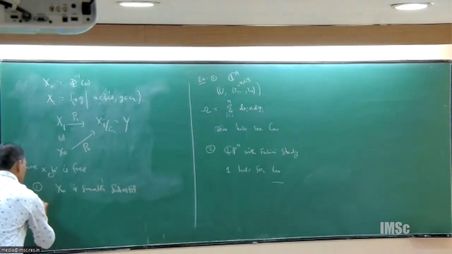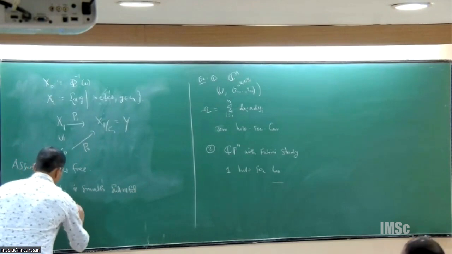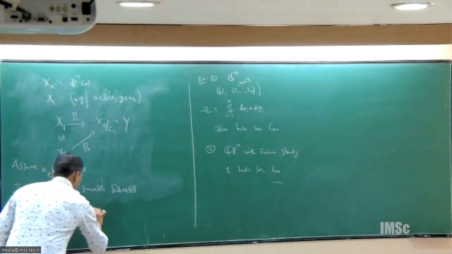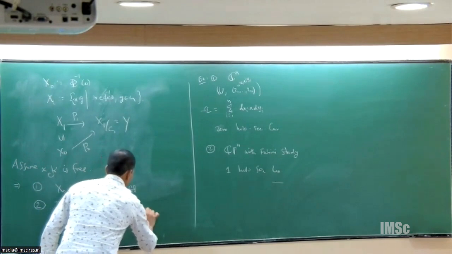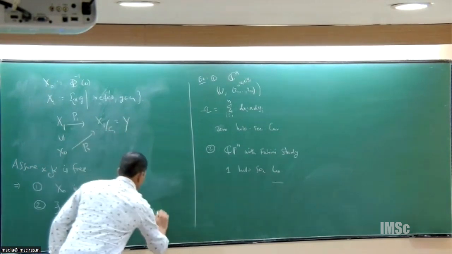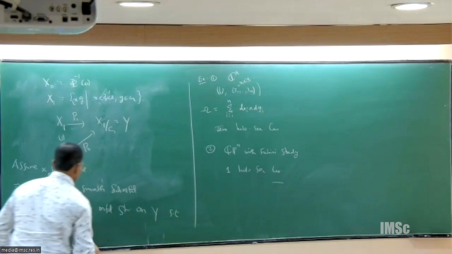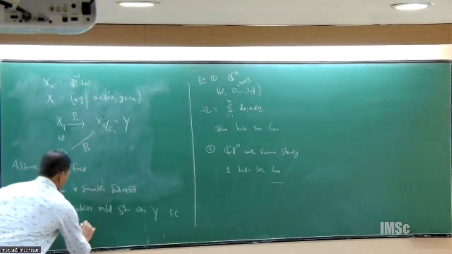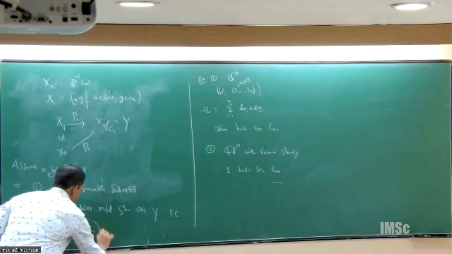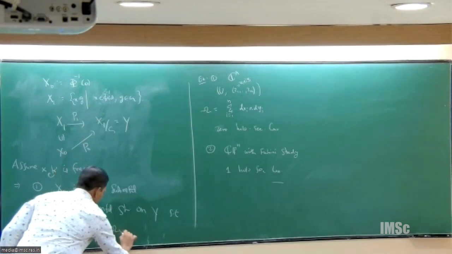Number 2, there exists a natural Kähler manifold structure on this quotient Y. Natural means that if you pull back the Kähler form on Y, we get the Kähler form on X.